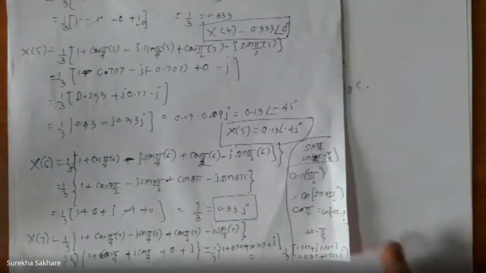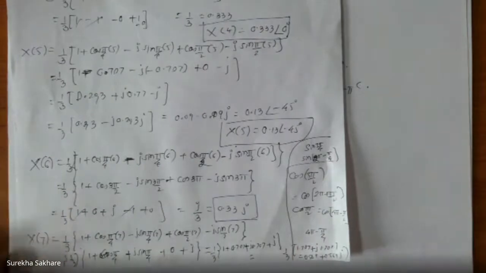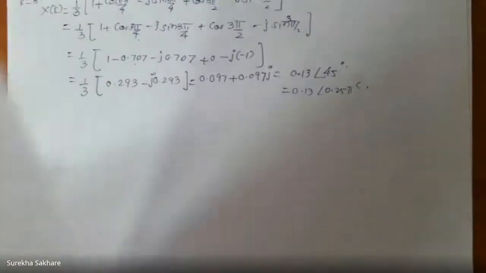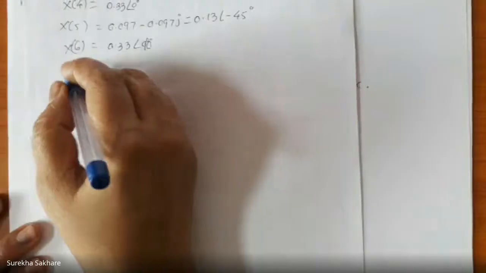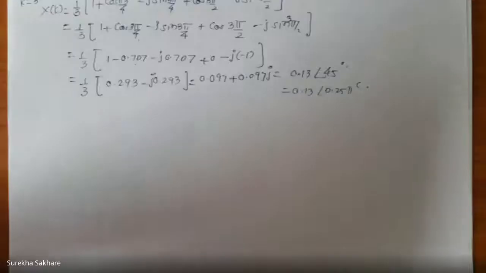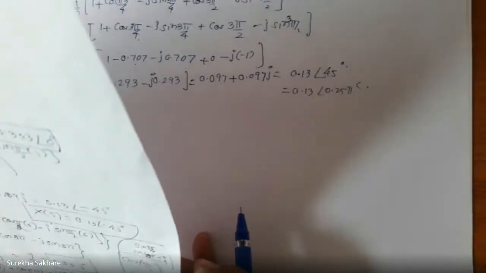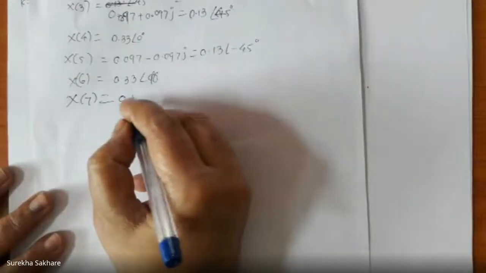So we are having x6 and x7. I will just have a copy here. 0.569 plus 0.569j.